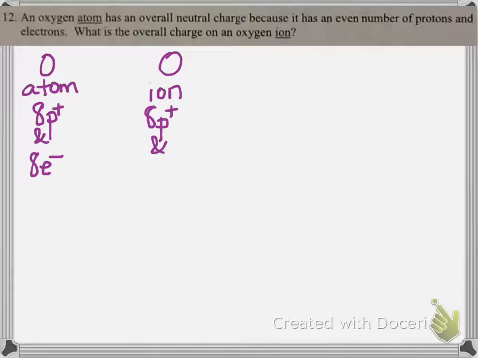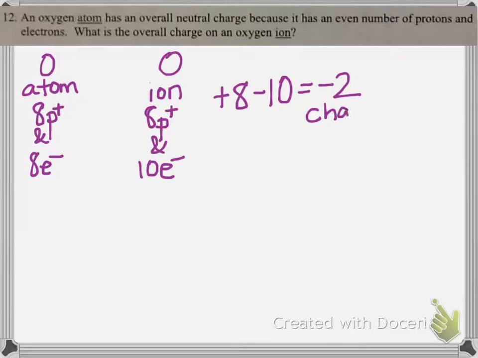But we just said it's going to gain 2 electrons, so it's going to have 10 electrons. So positive 8 minus 10 equals a negative 2 charge. So oxygen has a negative 2 charge when it forms an ion. And again, it's becoming an ion because it gets 10 electrons like neon. Always trying to be like a noble gas.